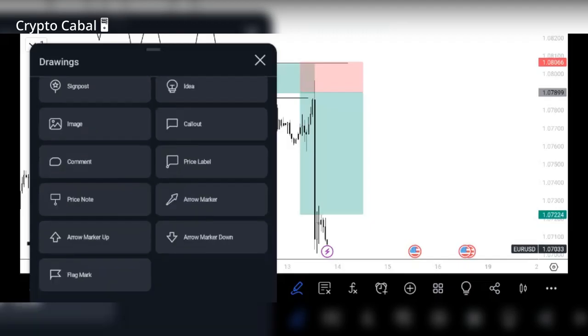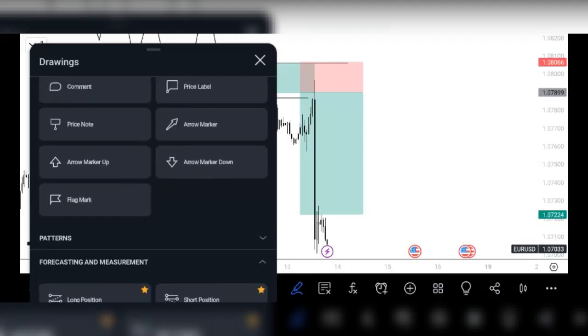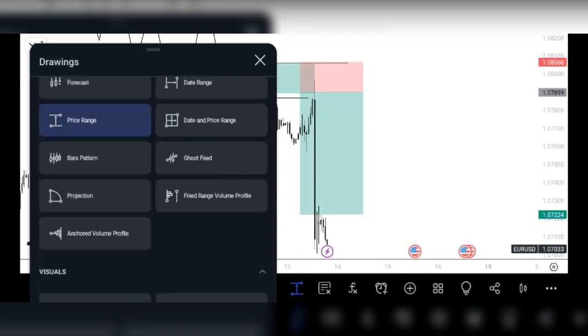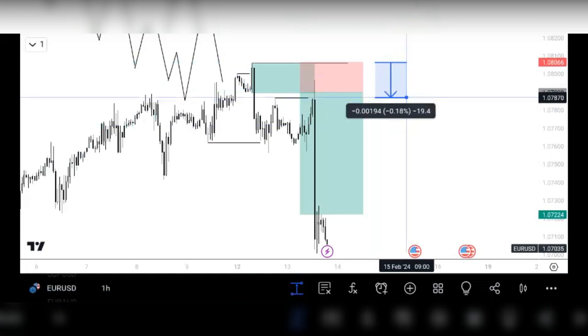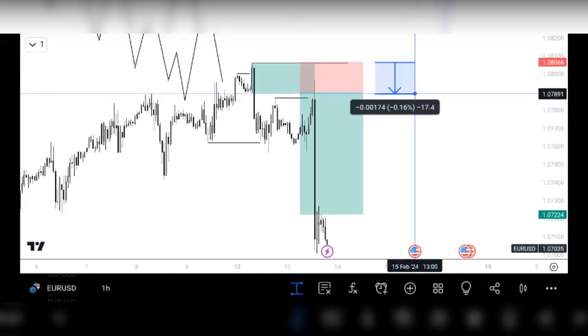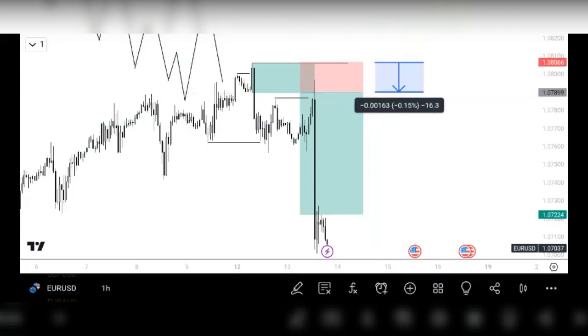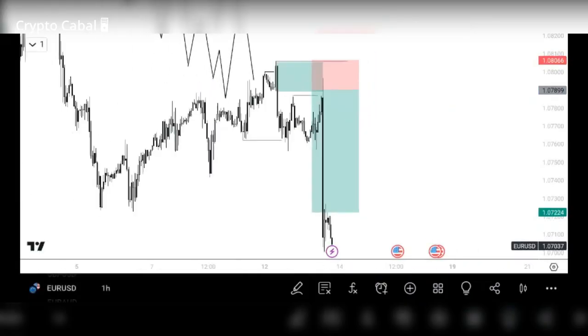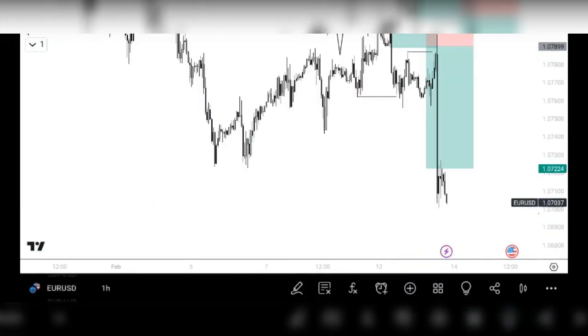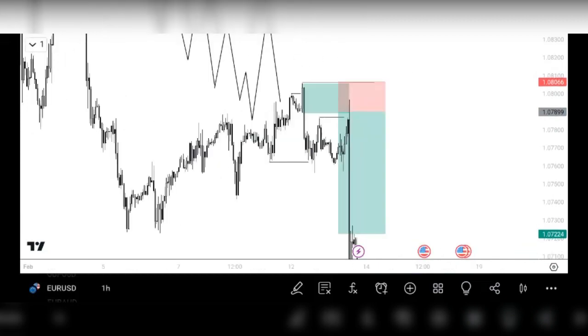Where is my forecast tool? This is just 16 pips. It's still not a big stop. It's worth it. And look at this. We have a straight TP. And that is how the algo structure works.